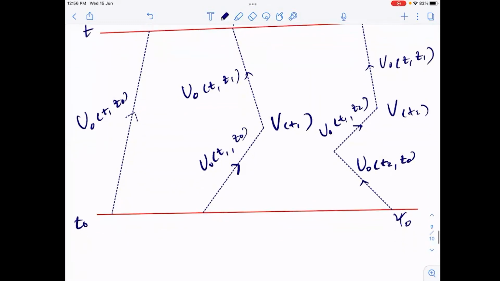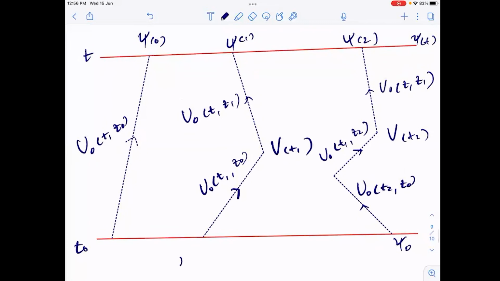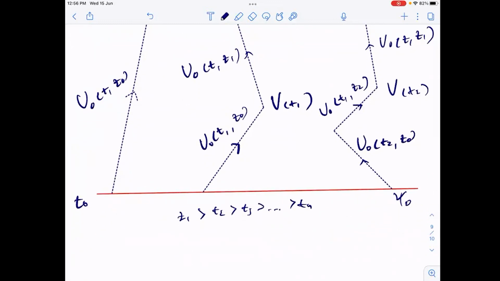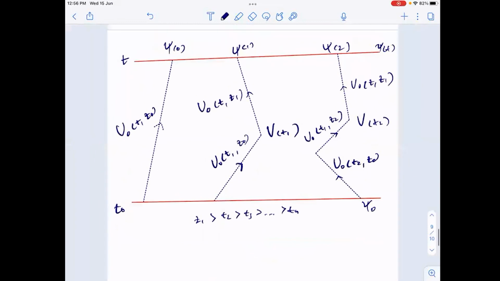Remember why this is the case? We said that T1 is greater than T2, is greater than T3, and so on, up to Tn. Fine. So this is our Feynman diagram depicting zeroth, first and second order contribution to psi t.